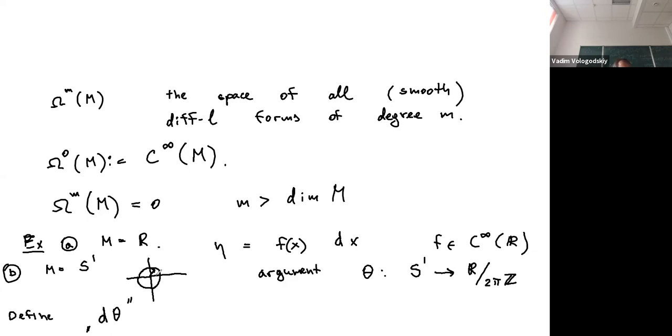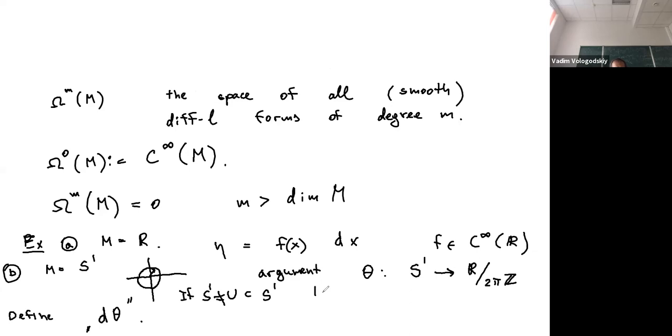So locally, if U is any, sorry, this is this one. If I pick any open subset in S1, which is not S1, right? So it's a proper open subset.